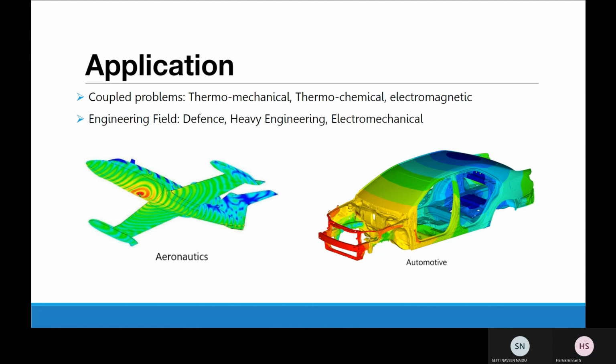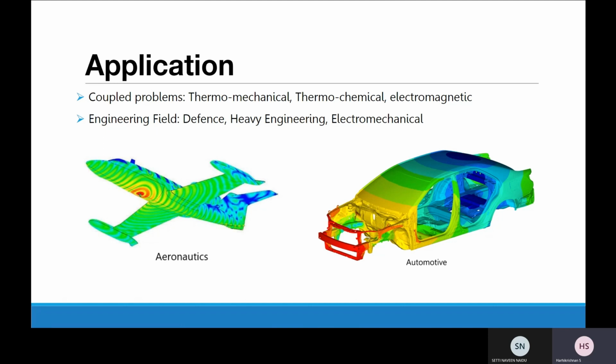So we had a long talk about FEA itself. Now let's see where it can be used. The applications of the finite element method are just starting to reach their potential. One of the most exciting prospects is its application to coupled problems like fluid structure interaction, thermomechanical, thermochemical, electromagnetics, and other relevant areas.